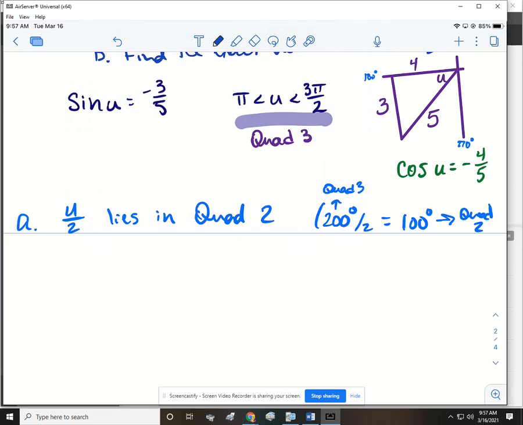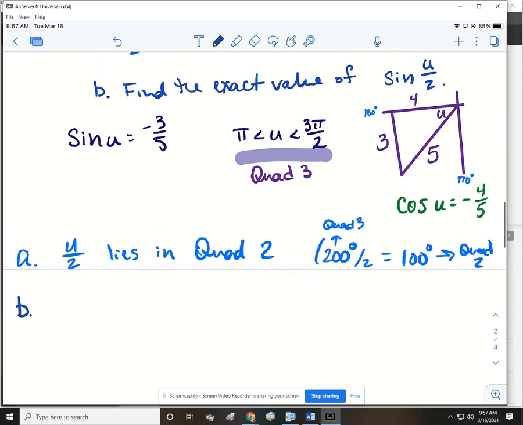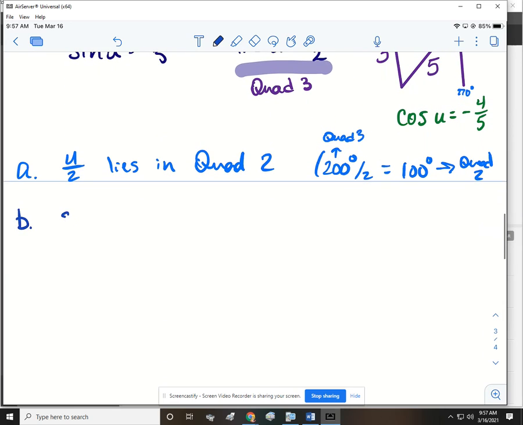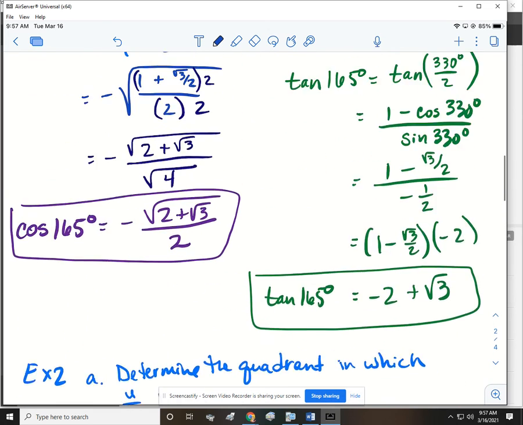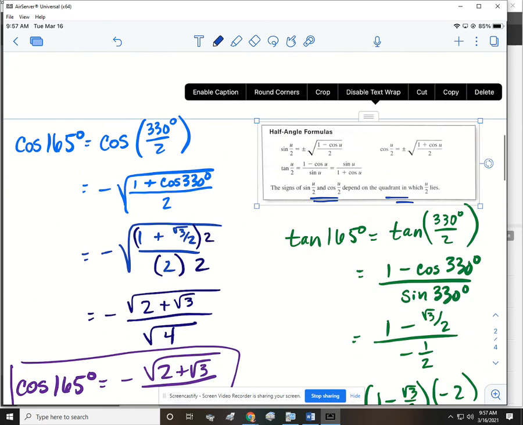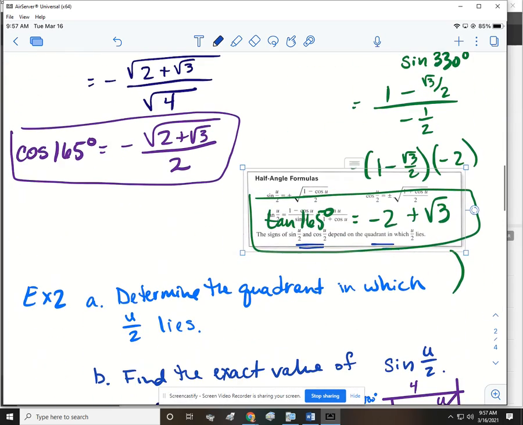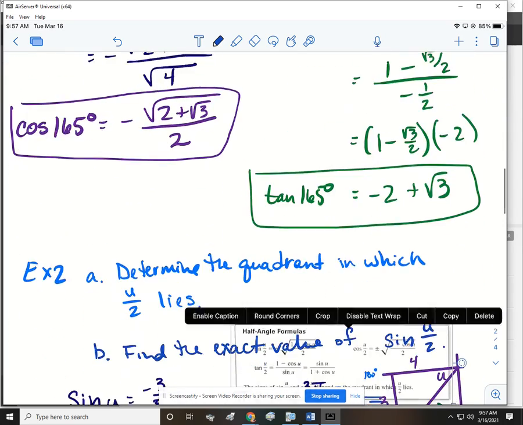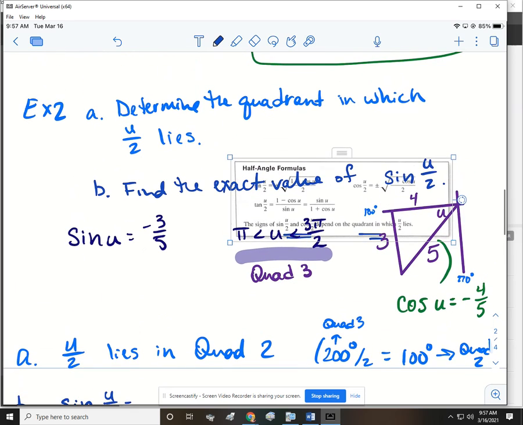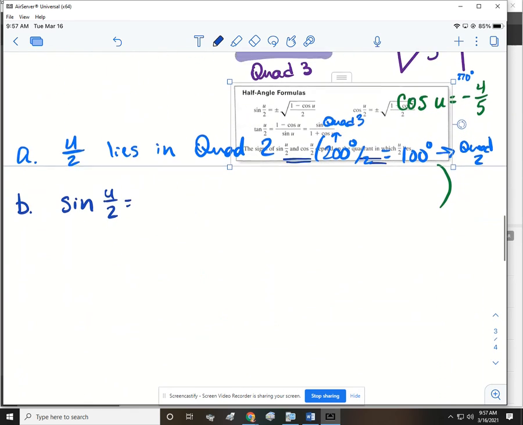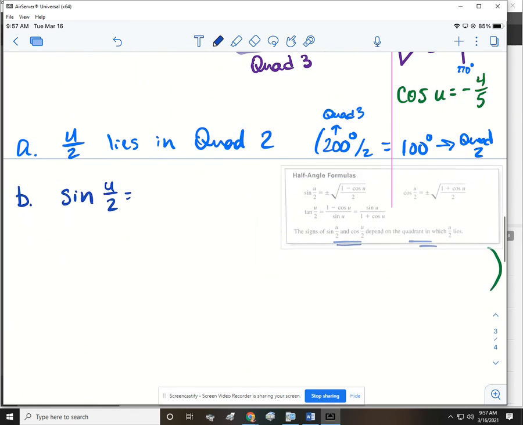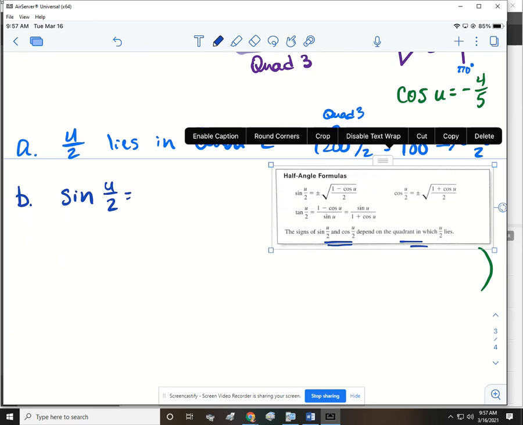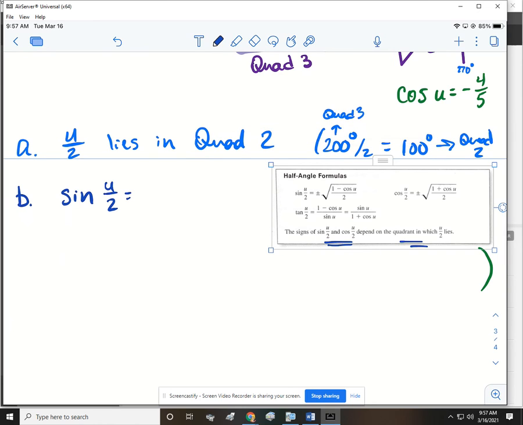All right, then for B, we're going to find the sine of U over 2. So I will just go ahead and write the formula. The whole reason why we figured out A is so we would know if we do a positive or a negative square root.